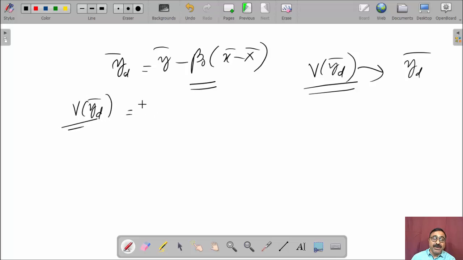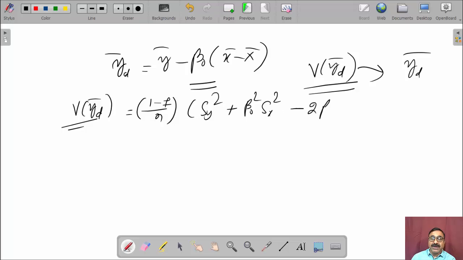That is, we have to minimize 1 minus f by n times Sy square plus beta 0 square Sx square minus 2 beta 0 Syx. By minimizing this with respect to beta 0, we get the minimum variance, and that will provide the value of beta 0 for which the difference estimator will be most efficient.